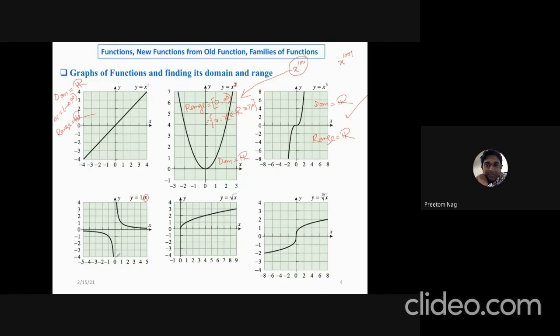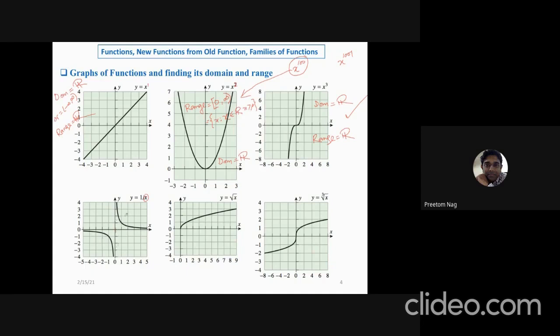Right, so x equal to 0 is basically our y axis. If x can never be 0, in this case if you look at here, the graph is never meeting the y axis as well as the x axis. So x is not 0 here, x cannot be 0 here, that means the y axis.